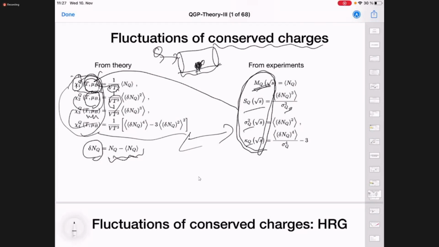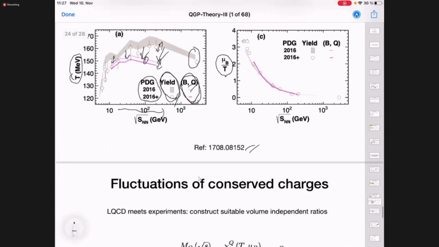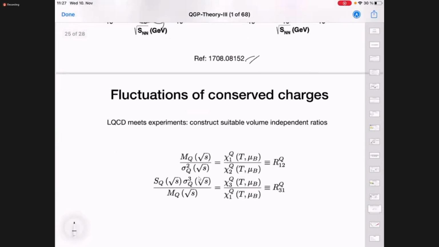Otherwise, uncertainty over them could hamper our extraction. This is more important for a framework like lattice, and hence they take suitable ratios so that the VT cubed dependence cancels out, and what you have is something which is only dependent on T and mu_B.